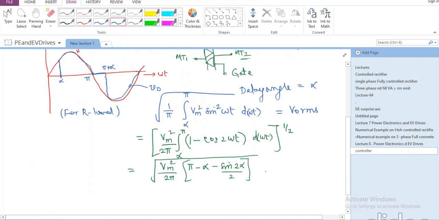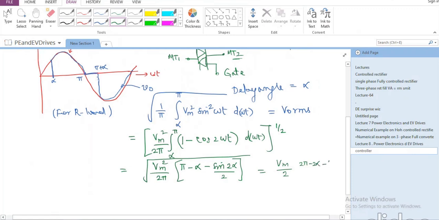So this can be written as Vm. And if this 2 we take outside, this will be Vm divided by 2 multiplied by 2 pi minus 2 alpha minus sine 2 alpha, and this entire thing divided by pi square root.